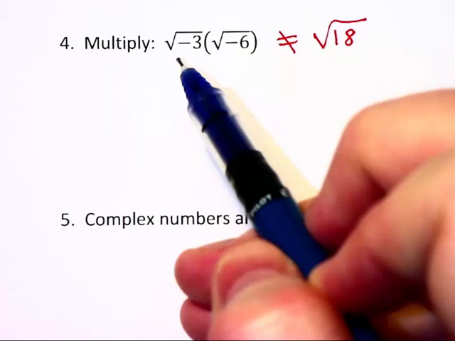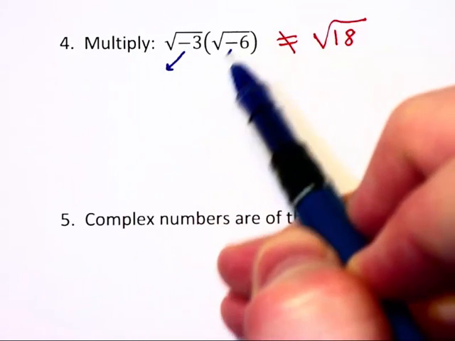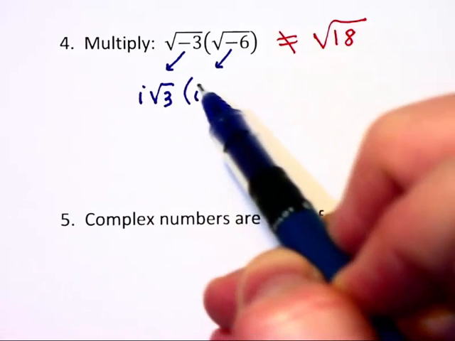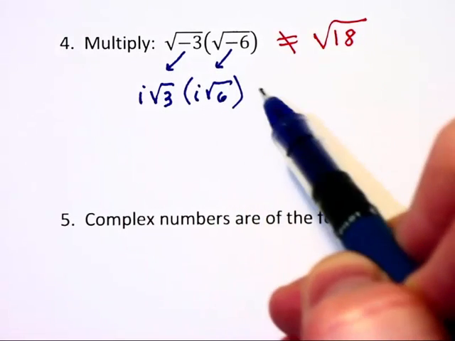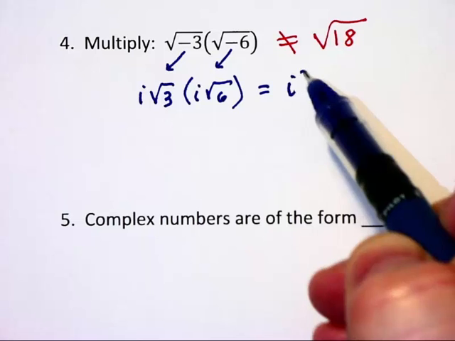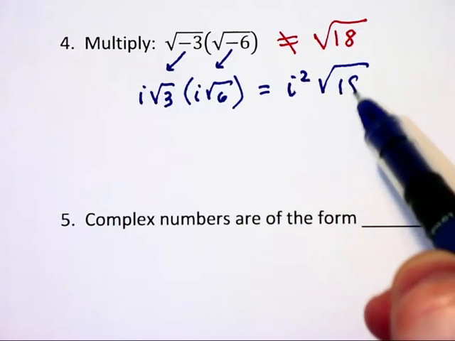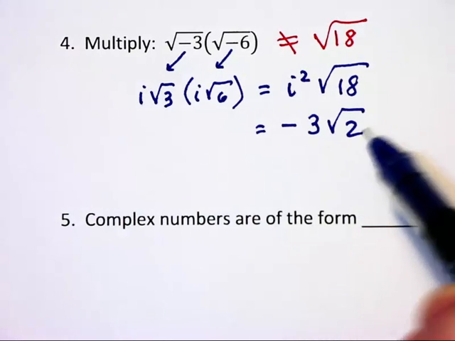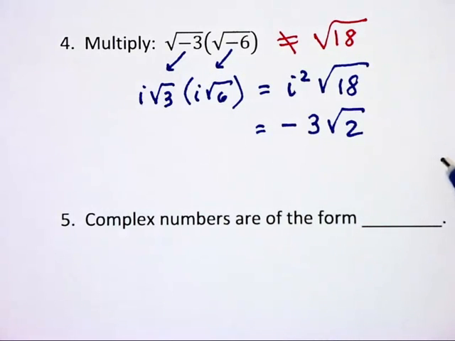What you want to do instead is pull out the i's first. Write this as i root 3 times i root 6, and then multiply together to get i squared root 18, which turns this into a negative 3 root 2 rather than a positive 3 root 2.